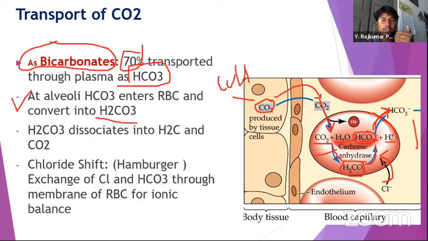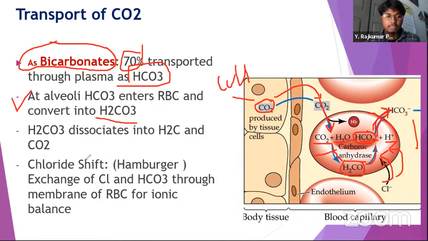When HCO3 molecules go out of the membrane of the RBC, for the maintenance of ionic balance, Cl minus ions get inside. Cl minus ions are shifting from plasma to the RBC by the removal of HCO3 outside. This shift of Cl minus ions from the plasma to the RBC is called the chloride shift.